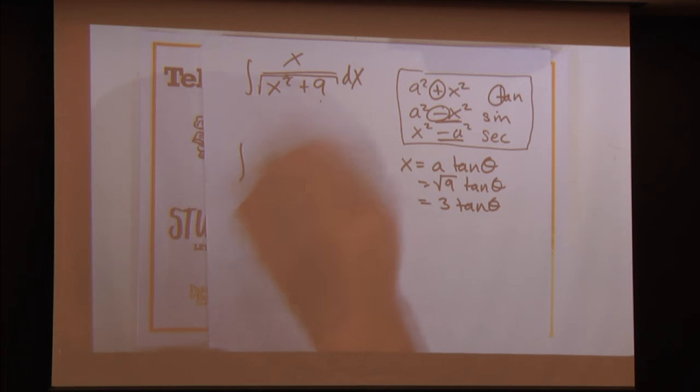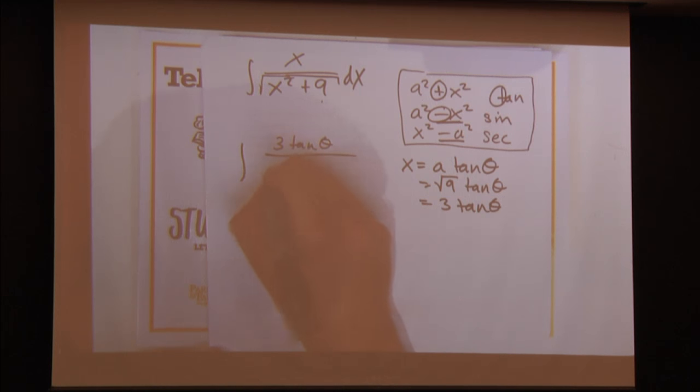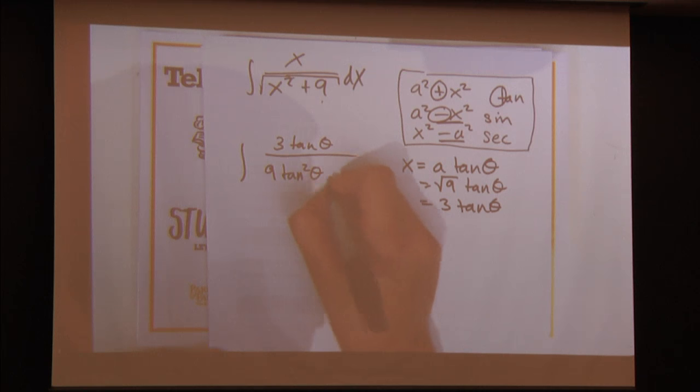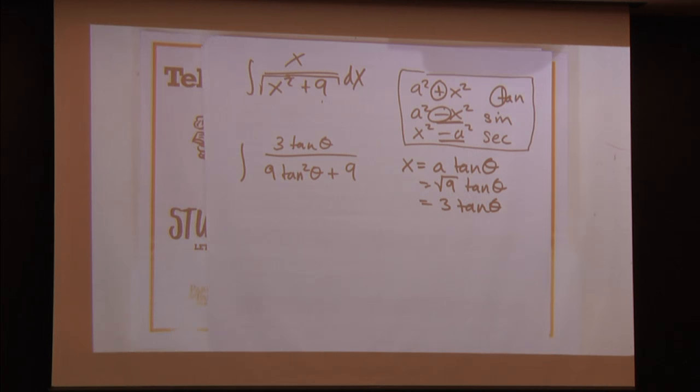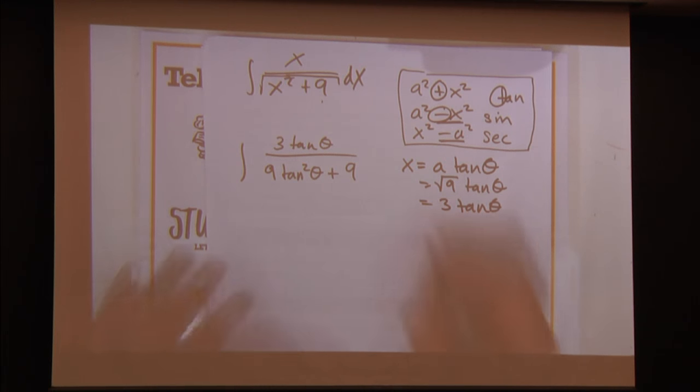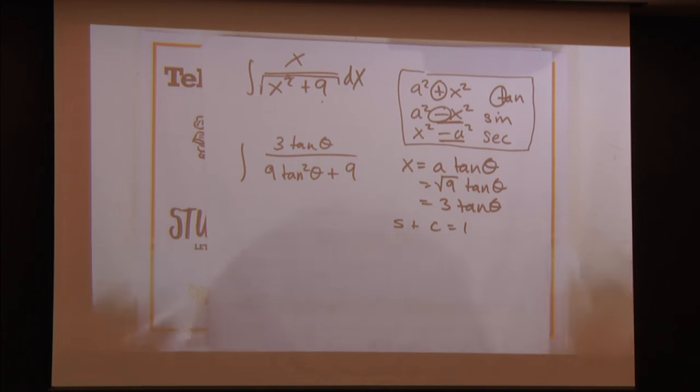So yeah, good question. Okay, so we have 3 tan theta all over 9 tan squared theta plus 9. Okay, so we have sine squared plus cosine squared is equal to 1.